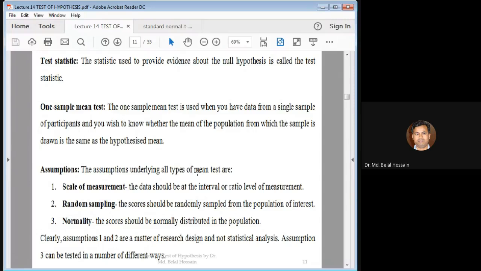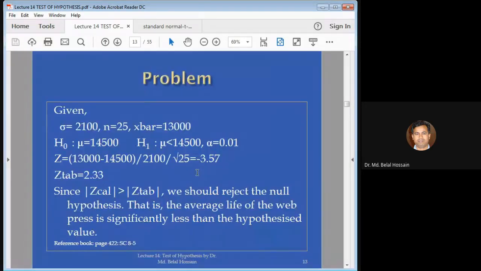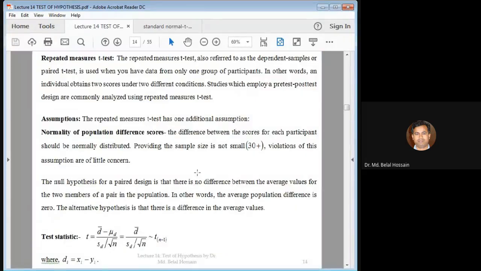As we are considering the CGPA of your class, say we collected a sample of size 10 and find that it is actually 3.2. But actually we are testing whether the mean of the population, that is the whole class average, equals 3.2 or not. Okay, so that is test of hypothesis. So that was one sample mean test.